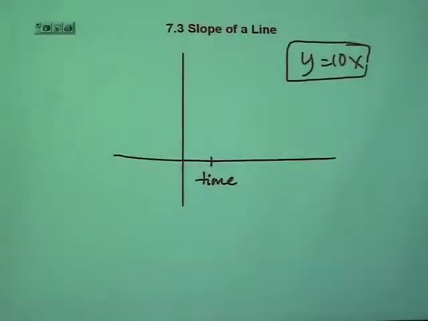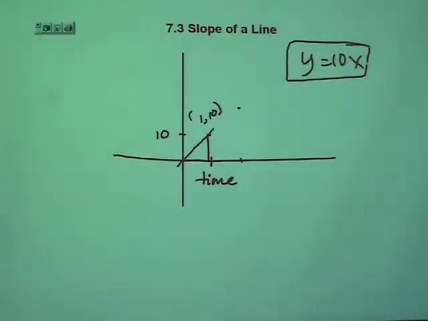When I complete 1 hour, the money I have in my pocket will increase by $10. So if this is 10, then this point will be 10. I work for 1 hour, the money in my pocket goes up by $10. If I work 1 more hour, the money in my pocket will be 20.